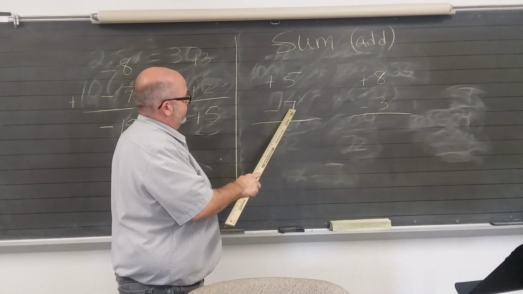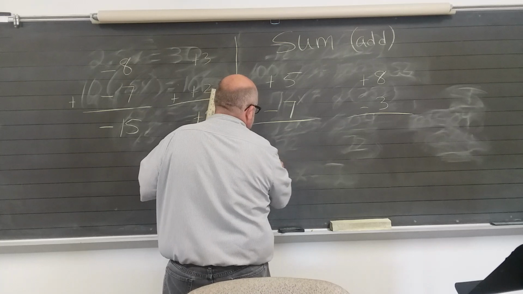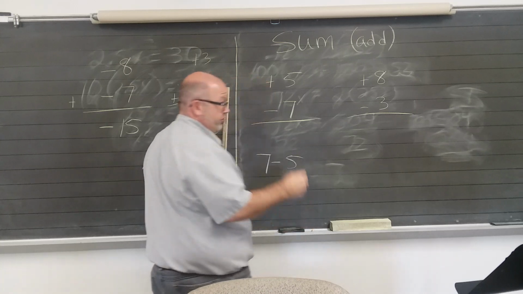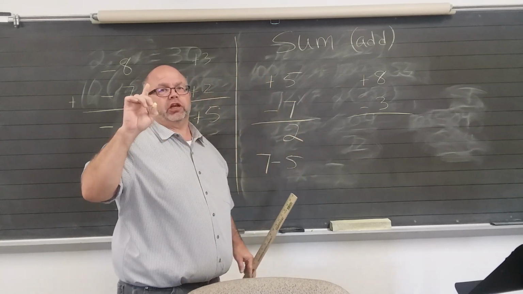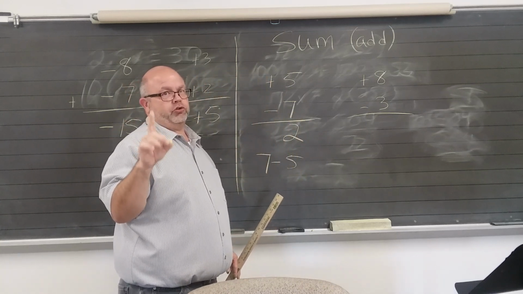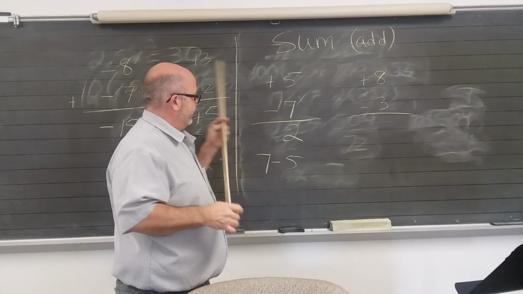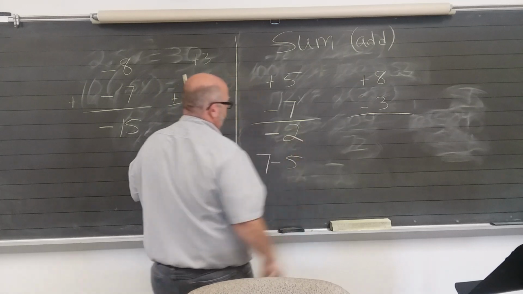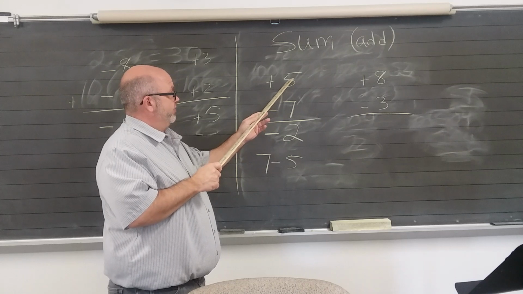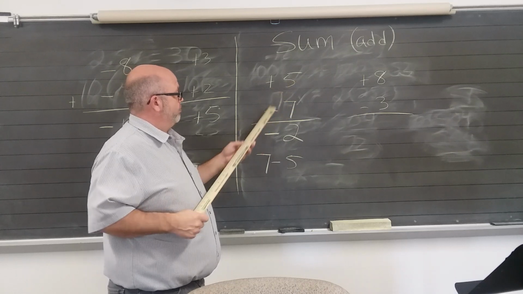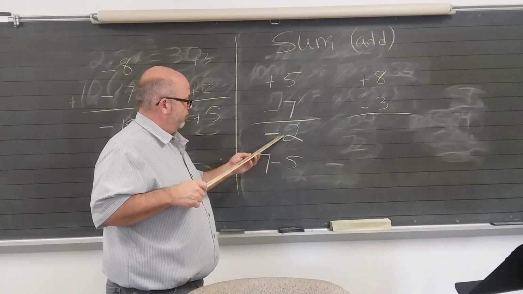Absolute value is 7, absolute value is 5. Go 7 minus 5, which is what? 2. And put the sign of the largest absolute value with it. So your largest absolute value is 7. This is negative, so this is negative 2. Okay? Subtract 7 minus 5, and put the sign by the largest absolute value in the answer.